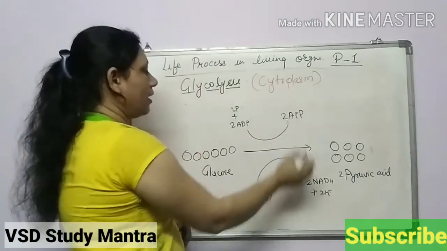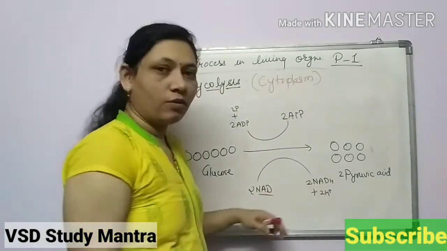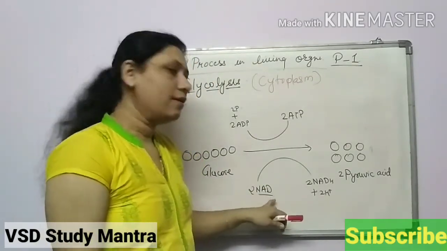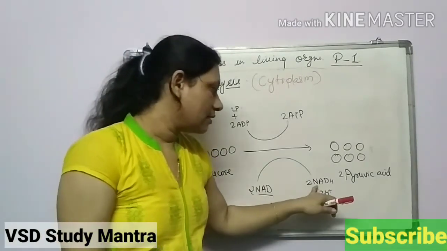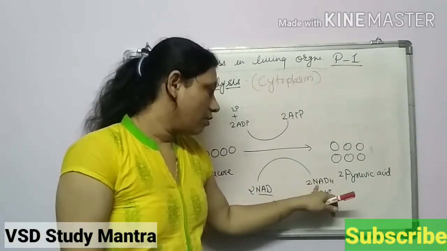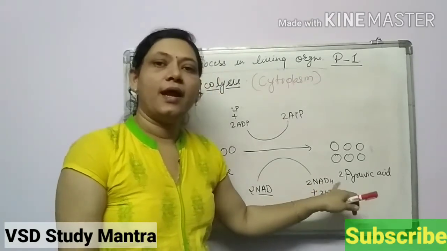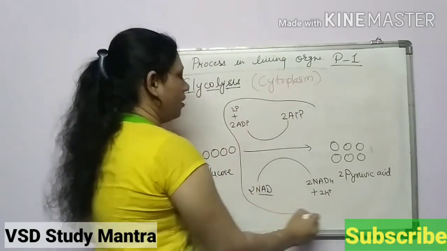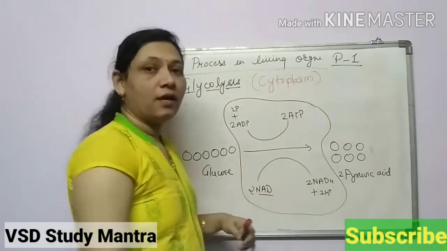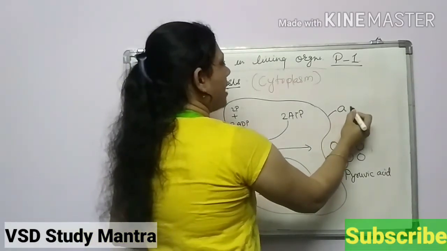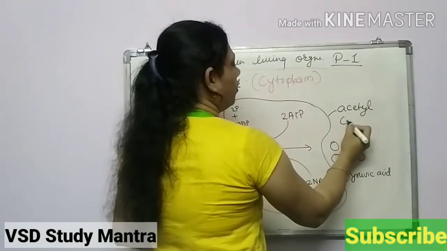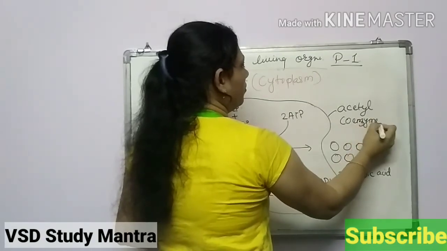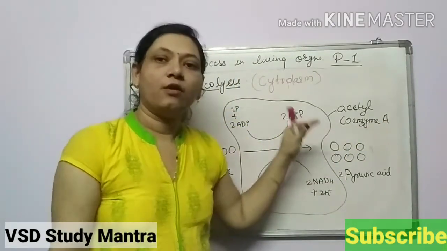So I told you what this is, I will tell you now. NAD is nicotinamide adenine dinucleotide, with hydrogen atoms. All this which is released is known as acetyl coenzyme A, acetyl CoA.